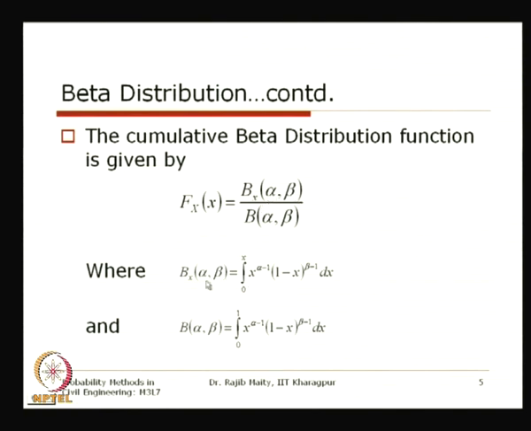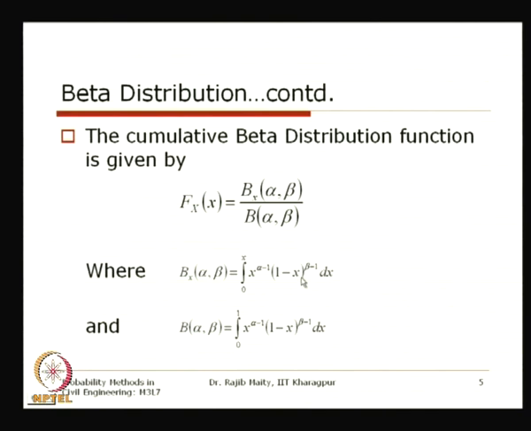It is defined by this integration, 0 to x of x power alpha minus 1 times 1 minus x power beta minus 1. This follows the same principle of the cumulative distribution, and it is normalized by the same beta function explained earlier, that is the integral from 0 to 1 of x power alpha minus 1 times 1 minus x power beta minus 1 dx.